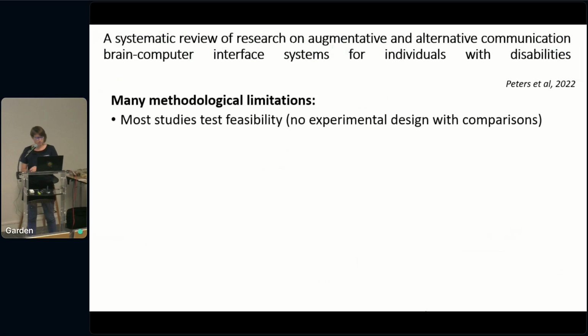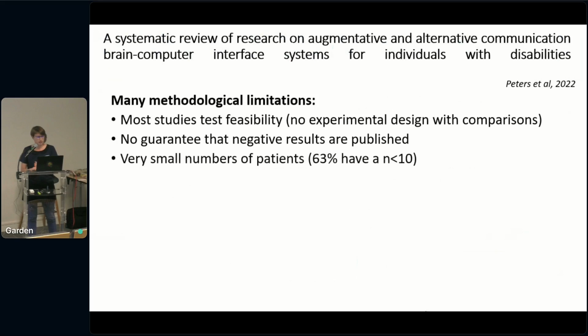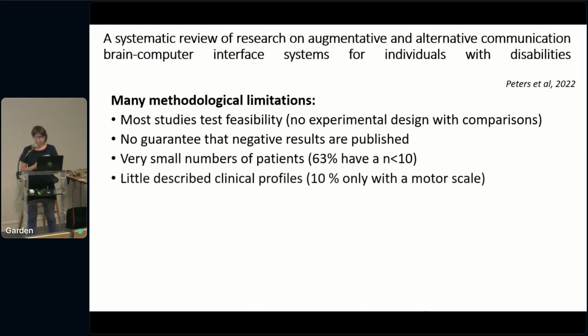Most studies test feasibility. There is no guarantee that negative results are published because these are mainly proof of concept studies. There are very small numbers of patients, and again, the clinical profile is badly described.